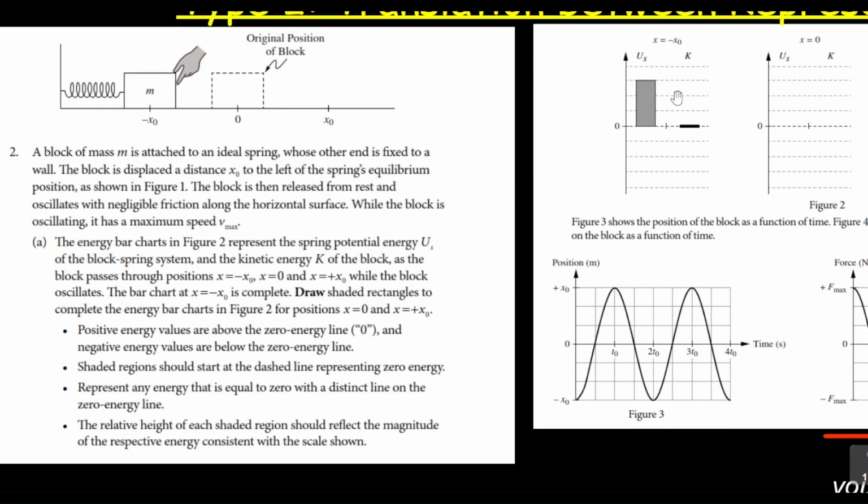Draw shaded rectangles to complete the energy bar charts in figure 2 for these two positions. Positive energy values are denoted above the 0 line and negative are below. Shaded region should start at the dashed line representing the 0 energy, represent any energy that is equal to 0 with a distinct line on the 0 line, and relative height as well.